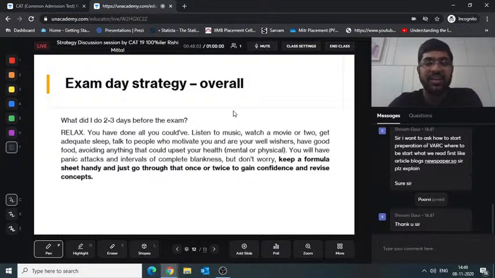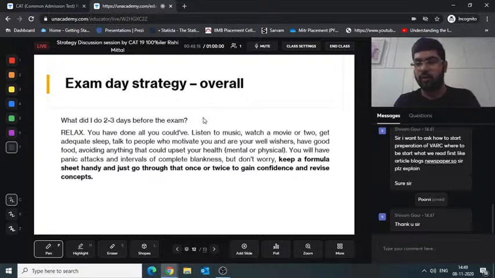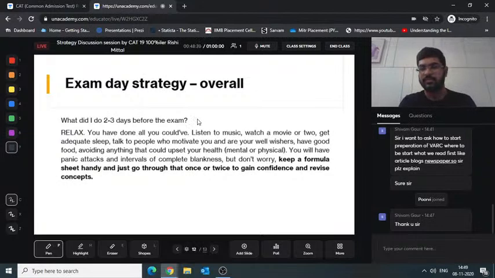One thing that I would suggest is that you keep a formula sheet handy and just go through that once or twice to gain confidence and revise concepts. As I've been iterating over and over throughout my session series, CAT is all about confidence. So don't keep very high-fi, very difficult, lengthy formulas in this formula sheet. Keep very simple formulas.